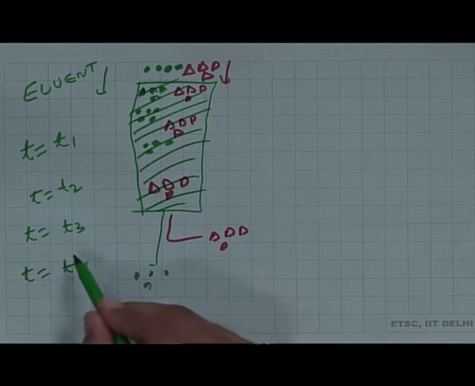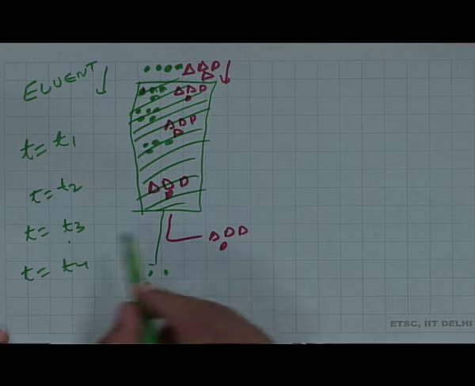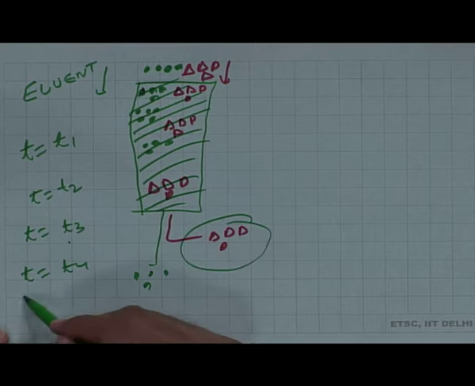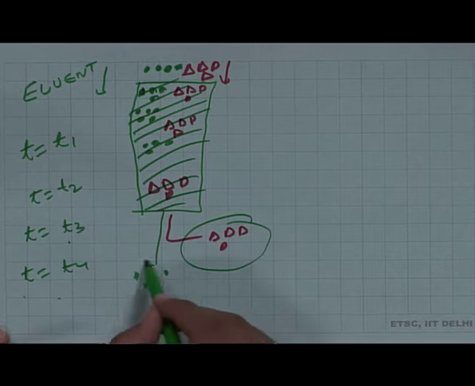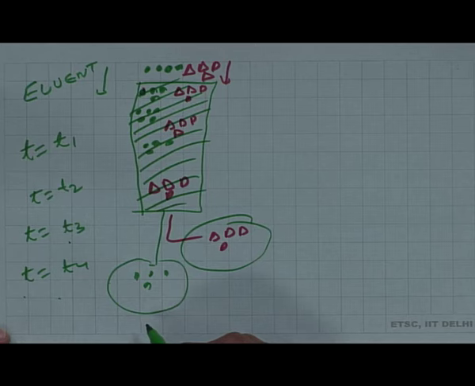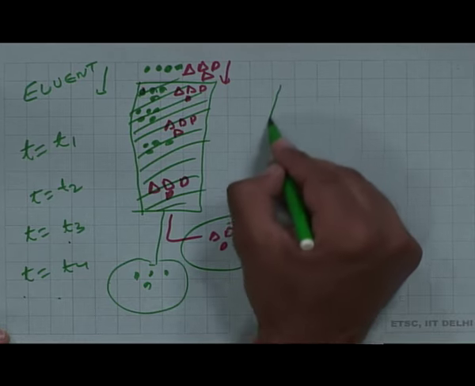So, if you collect the fractions at time t is equal to T3, you will get the impurities, while if you collect fractions at time t is equal to T4, you will get the product, okay. And it will look like this.